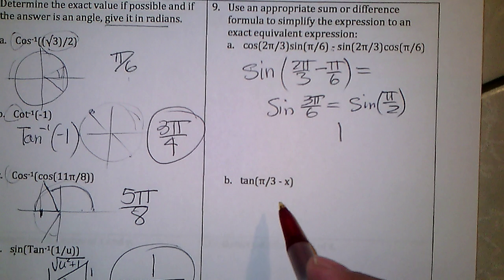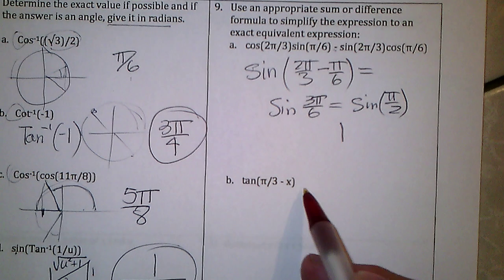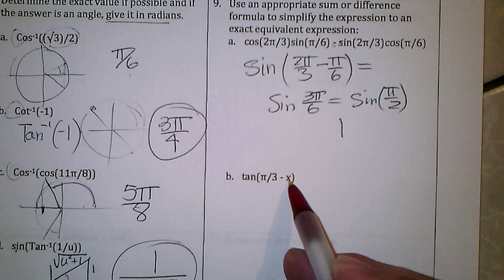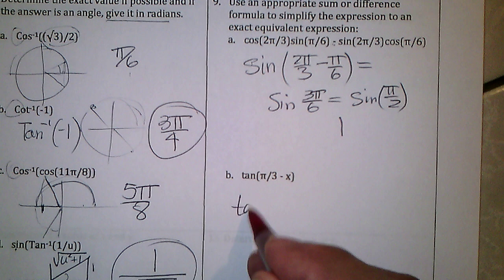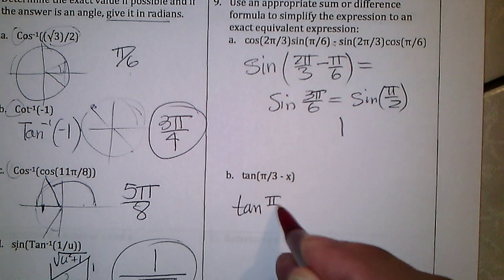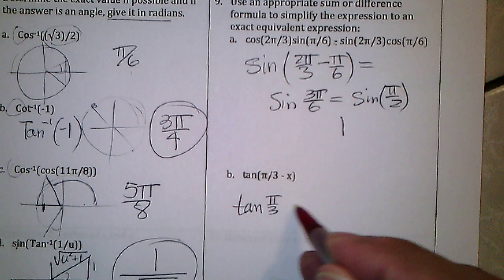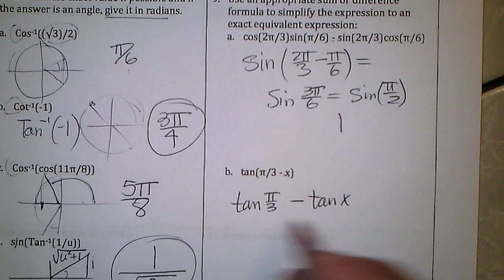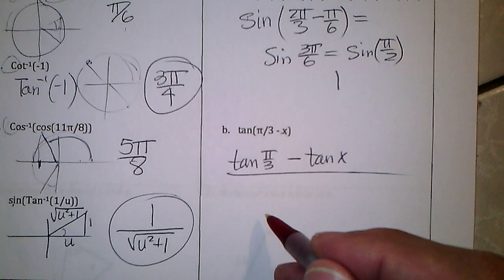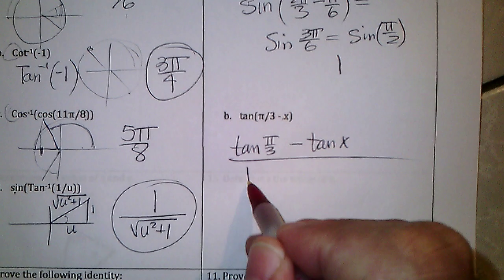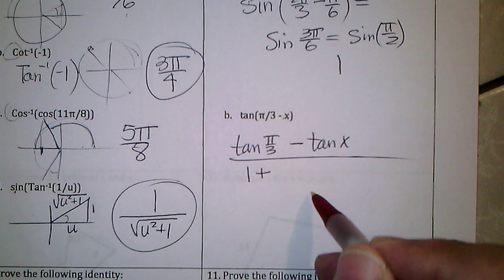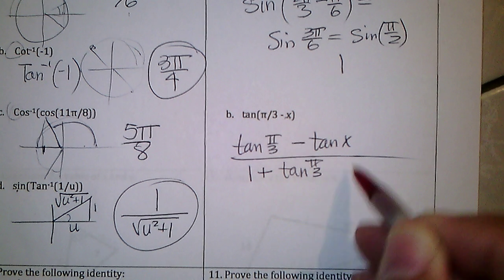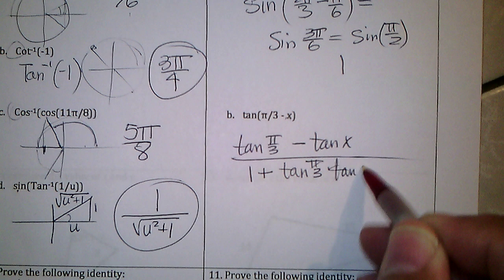And then we're supposed to do this one. So the tangent of two angles subtracted is tangent of pi over 3 minus tangent of the second angle over 1 plus tangent of the first one times tangent of the second one.